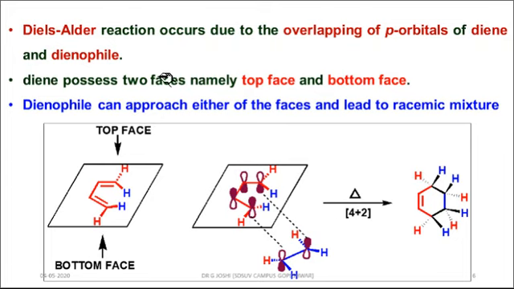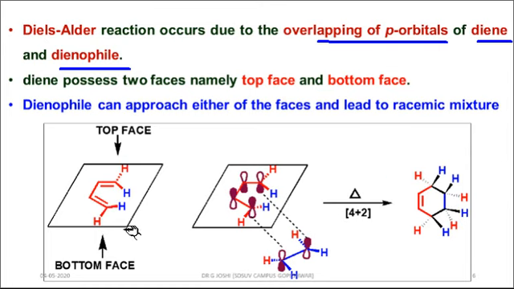In Diels-Alder reaction, the orbital interaction between diene and dienophile is achieved by overlapping of p orbitals of diene and that of dienophile. Diene usually allows the dienophile to approach either from the top face or from the bottom face. When it approaches from the top face, it will give one isomer.